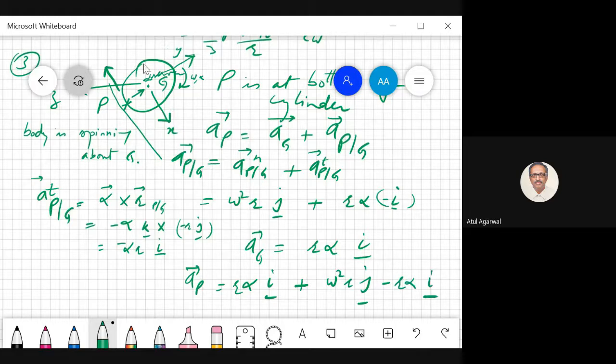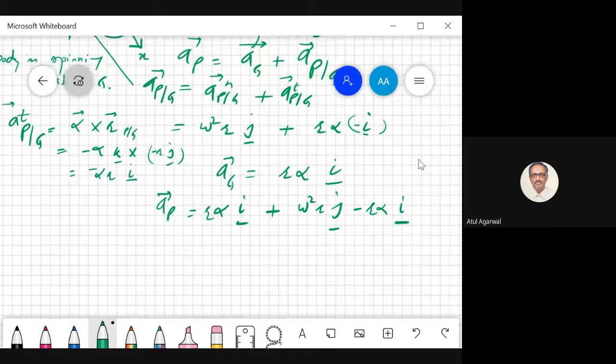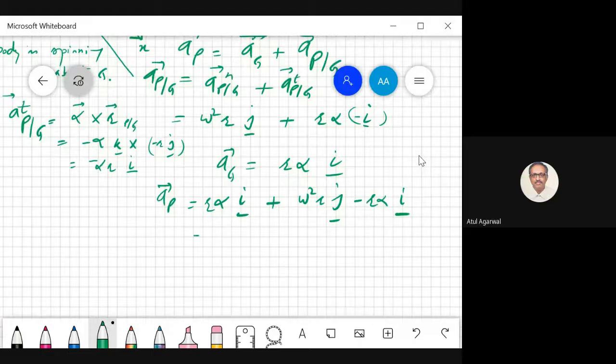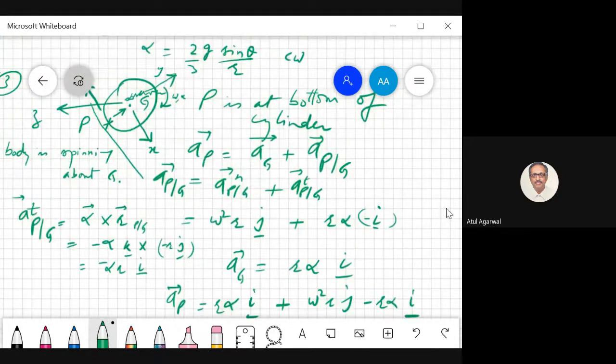So the acceleration of P becomes omega square Rj, because these two terms are cancelling out. So we have just calculated in the proper manner. Always calculate. So we know the absolute acceleration of P.